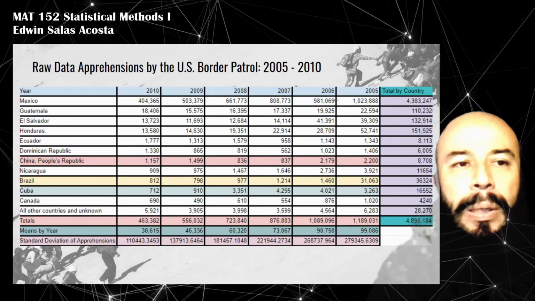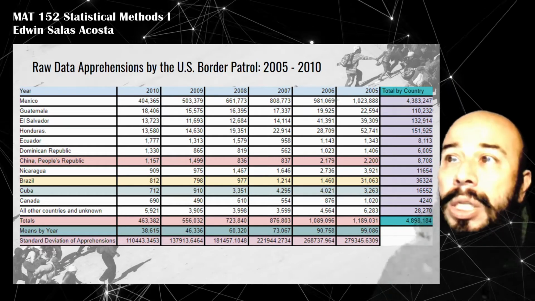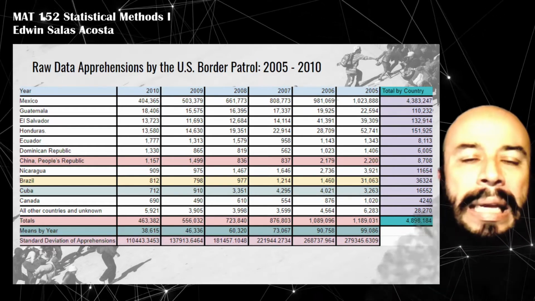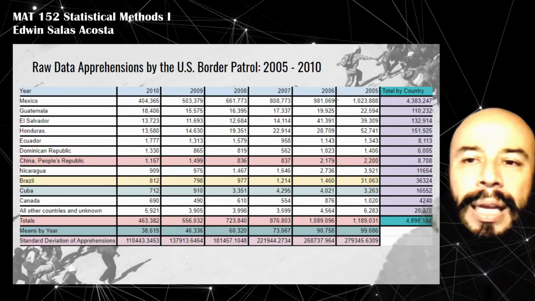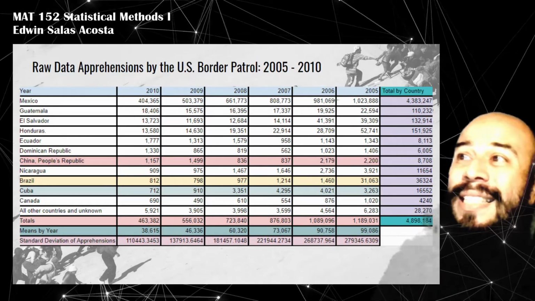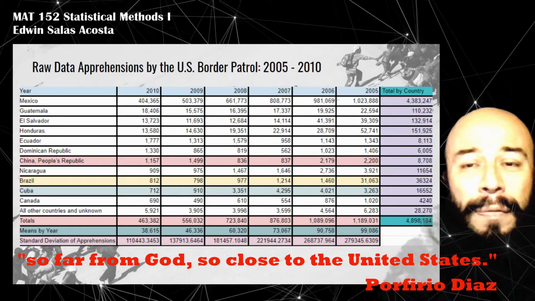The principal countries we say are Mexico, Guatemala, El Salvador, Honduras, because they are the most people crossing the south border, the people nearest the United States. There is a saying about Mexico: so near to the United States and so far from God.